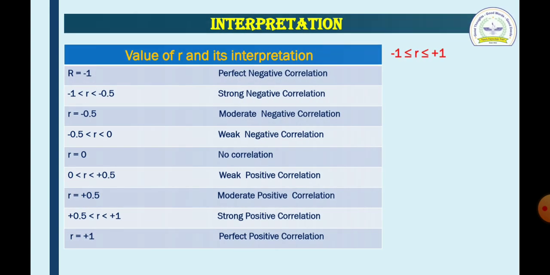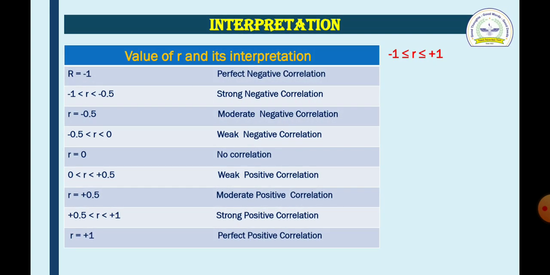Now, how do we interpret the correlation coefficient? We know that the correlation coefficient is denoted by small r and ranges from -1 to +1. This table will help to interpret the value of the correlation coefficient.